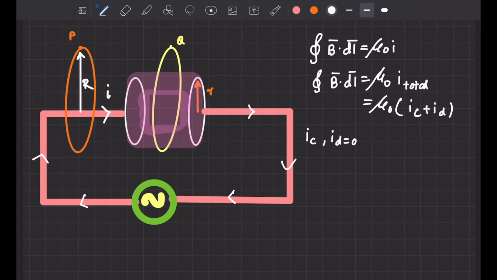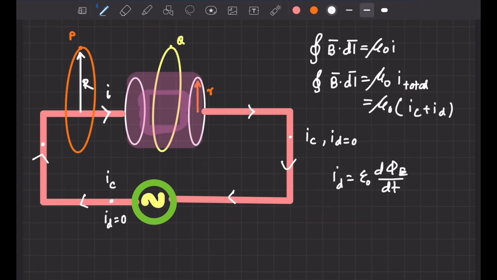Every point, for example here, IC exists, but the ID value is 0. And what is the reason? The reason behind this is the value of ID, which we all know is 1 by 4 pi epsilon naught into d phi dt, right? Now what is d phi dt? That is the rate of change of electric flux.